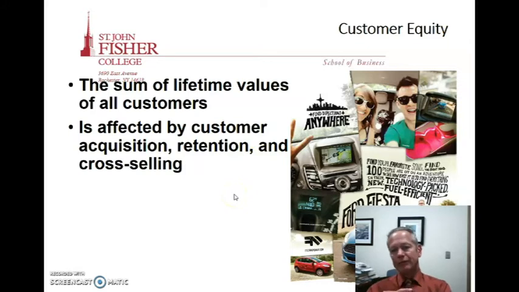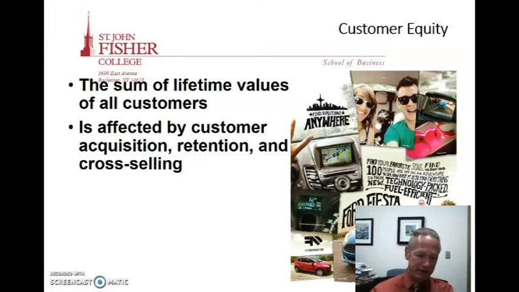Customer equity. We've talked about this before. This is what I would call lifetime value analysis, LVA, which is how much is a customer worth over the lifetime of that customer. I use the example of Ford. If you're 20 years old, you buy your first Ford, and you like Ford, you're probably going to be buying a Ford every 4 or 5 years for the rest of your life.